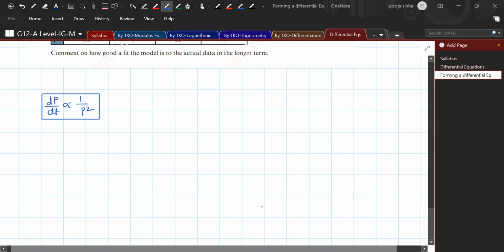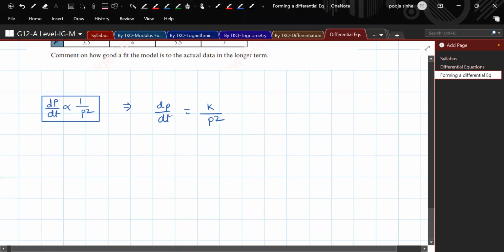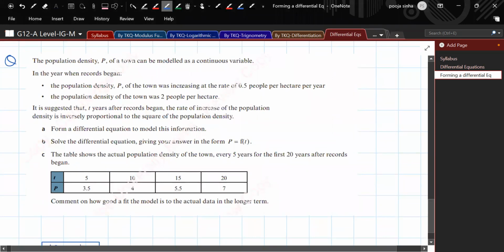What is the equation? dP by dt is equal to, so then this becomes dP by dt is equal to k times P square. ठीक है? अब आपने यहाँ पर उसने हमें कुछ इंफॉर्मेशन दिया हुआ है. The population density P of the town was increasing at a rate of 0.5 people per hectare.